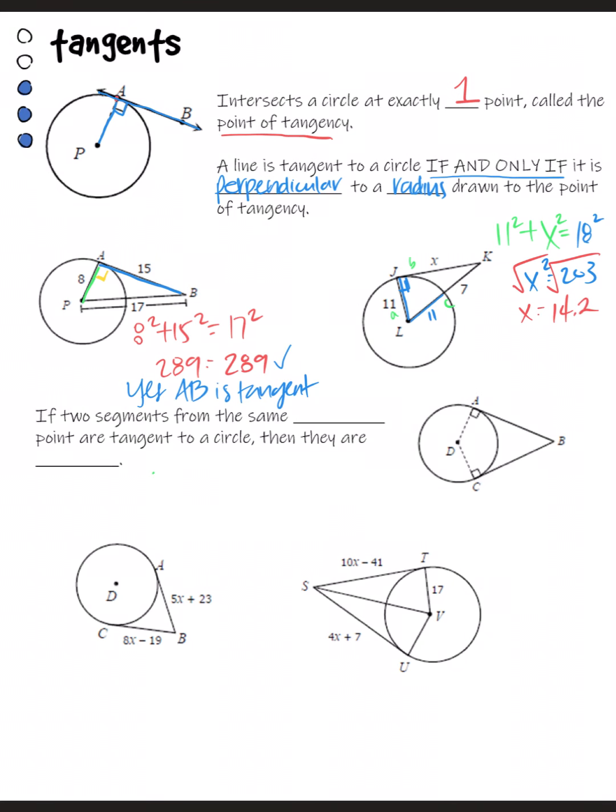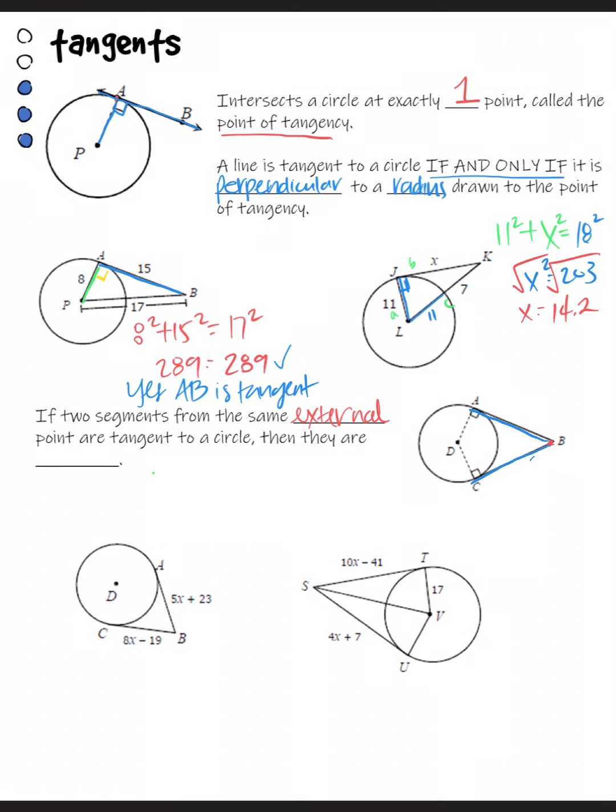All right. If two segments from the same external point are tangent to a circle, so we're looking now at this type of circle, we've got this external point here and two tangent lines coming from that point.